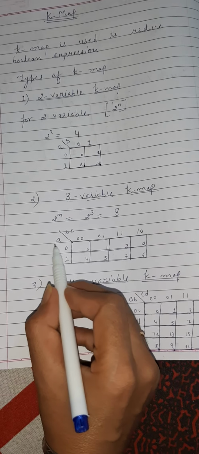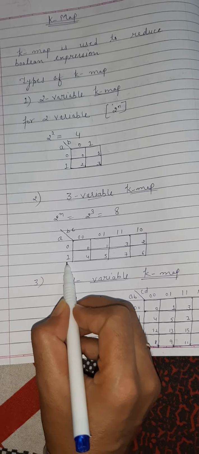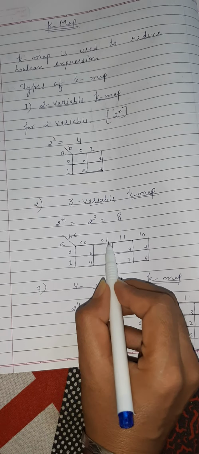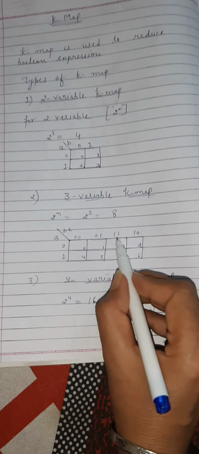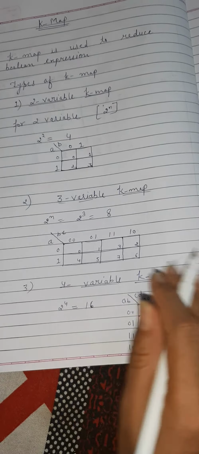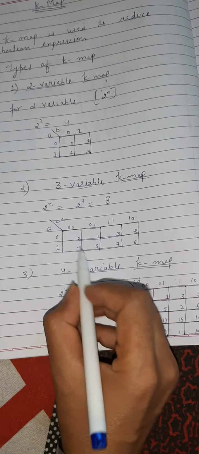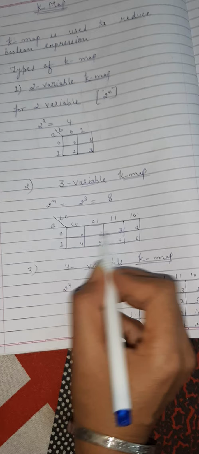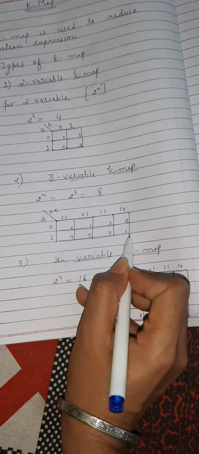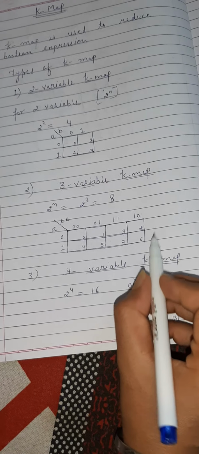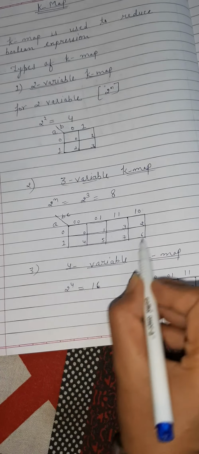The value of a can be either 0 or 1, and the value of bc can be 00, 01, 11, 10. The numbering of boxes is given as 0, 1, 2, 3, then 4, 5, 6, 7 in this manner. So we have to make the 3 variable K-map in this manner.